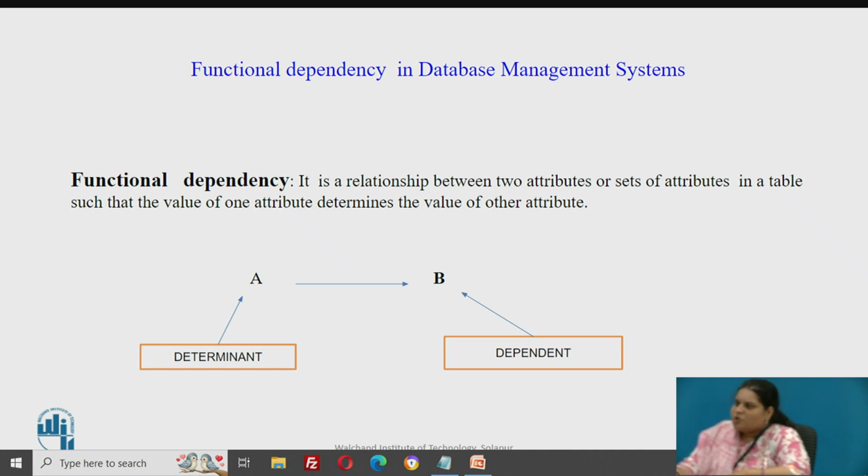A is the determinant, and B is the dependent. Basically B is dependent on A. Instead of A, we can also consider a set of attributes.